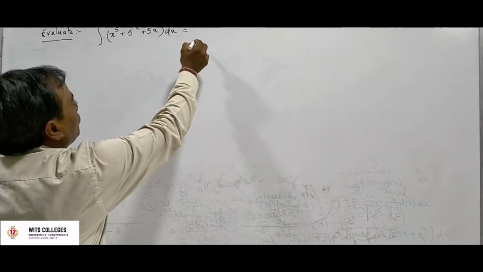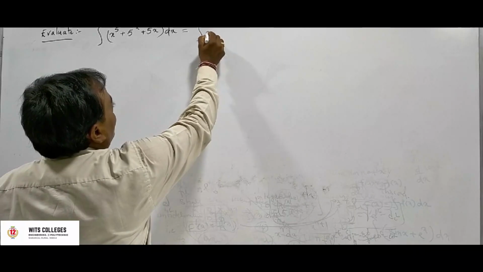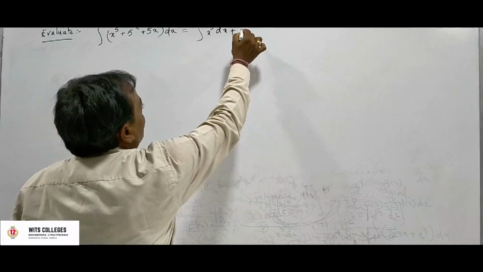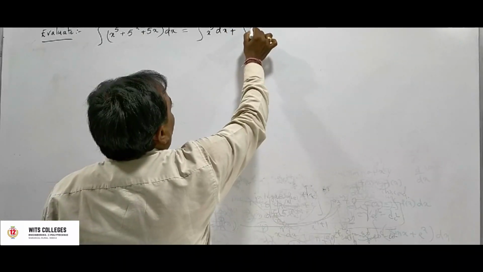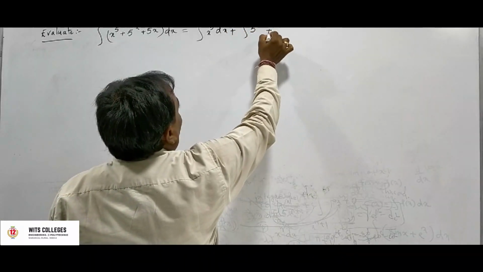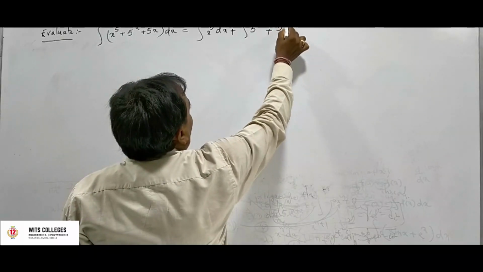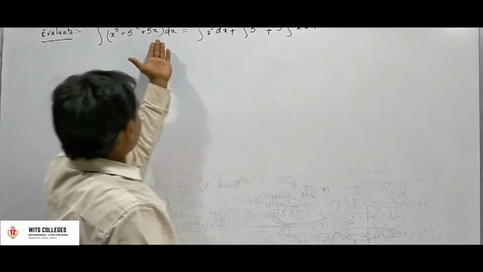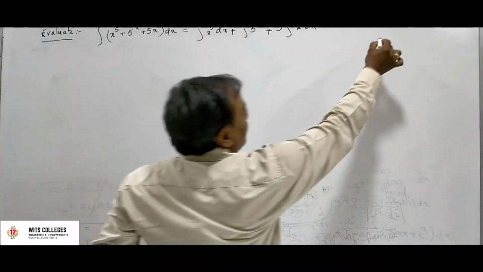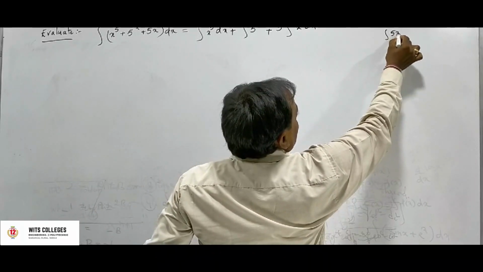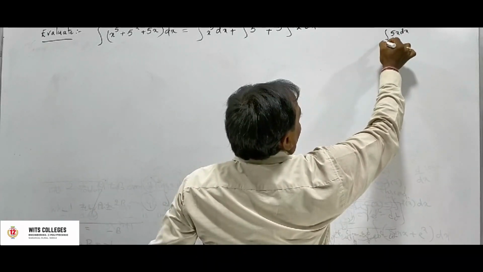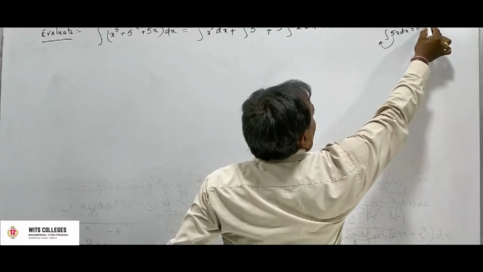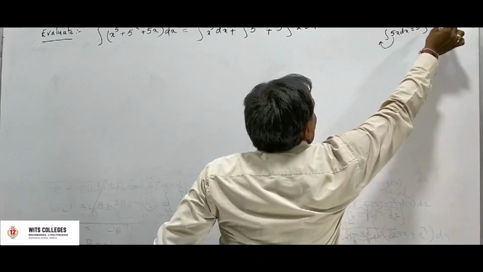This is equal to integral x to the power of 5 dx plus integral 5 to the power of x dx plus integral 5x dx, where 5 is a constant, so we shift it outside the integration and it becomes 5 integral x dx.